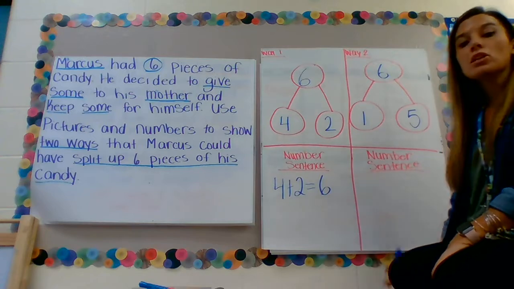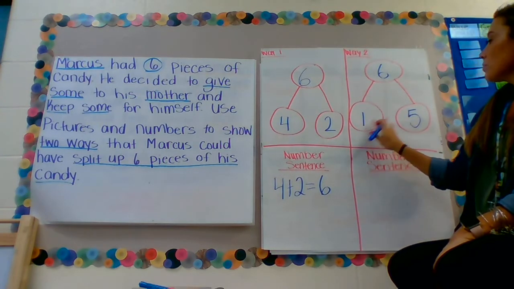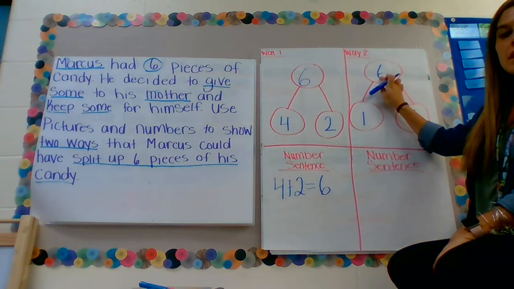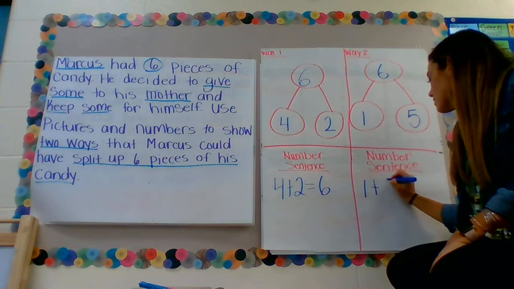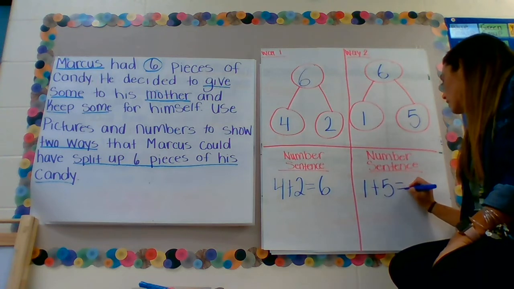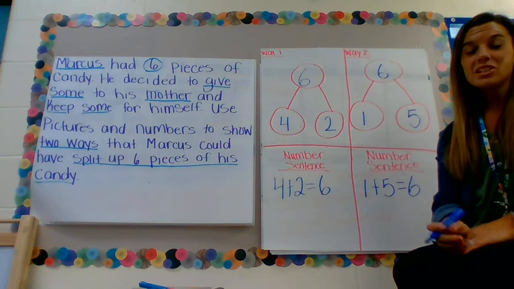So then remember, I'm going to use my number bond to create a number sentence. 1 plus 5 equals 6. So I'm going to write that. 1 plus 5 equals 6. Okay? Do you see how I did that?